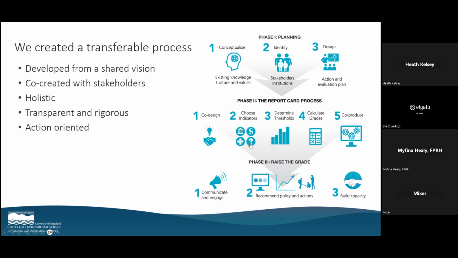The second phase is the report card development process itself, designing that with stakeholders, choosing indicators, determining those thresholds or objectives, as Eva was saying a moment ago. What are we trying to achieve? How close are we to achieving those things, those objectives or those targets or goals? We can use that to calculate the grades, and then we kind of co-produce with the stakeholders again how this information is going to be presented.